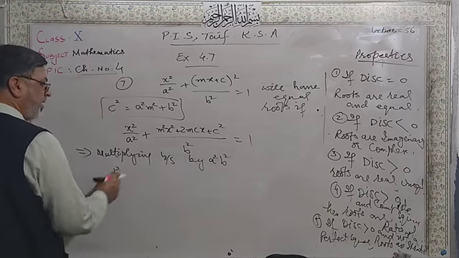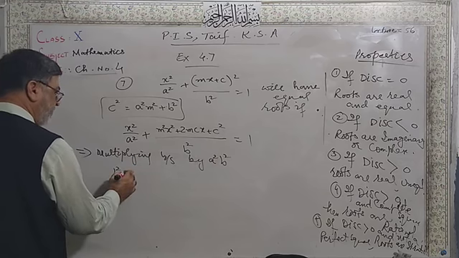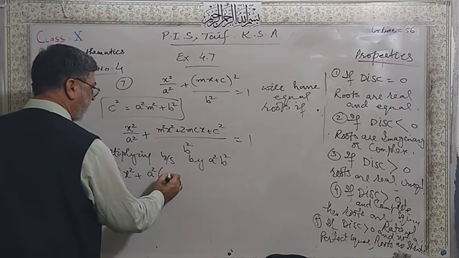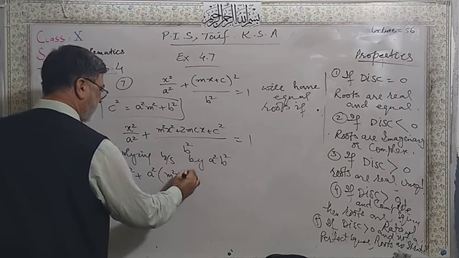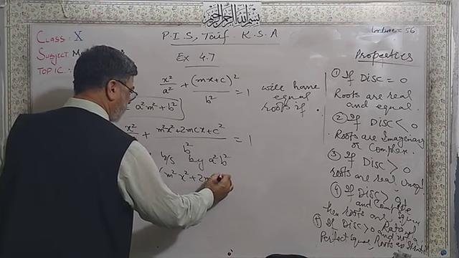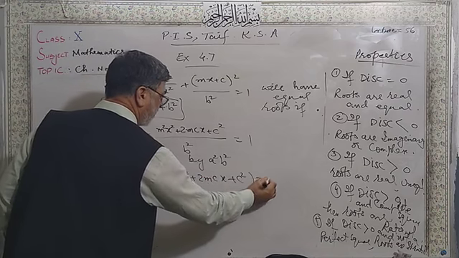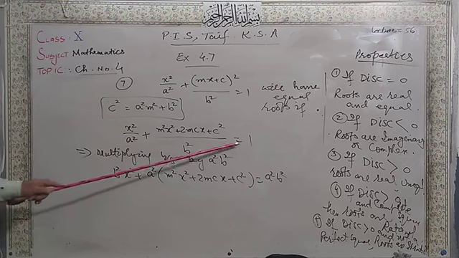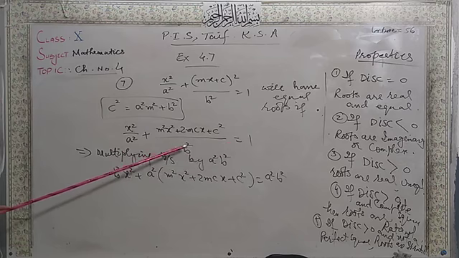So we will have a square cancelled out. We are left with b square. B square x square plus a square into (m square x square plus 2mcx plus c square) is equal to a square b square. Multiplying both sides by a square b square, here a square b square, here b square cancelled out, we got that a square there outside.